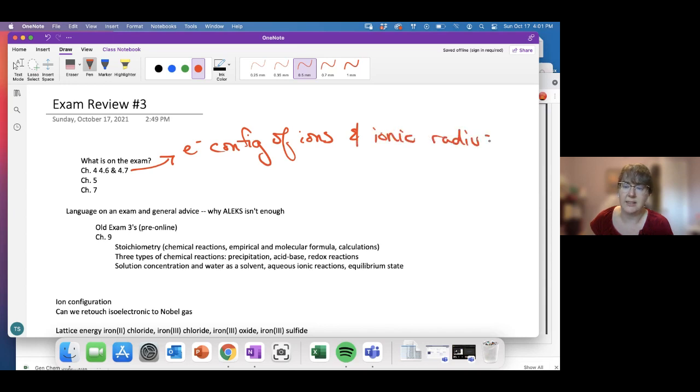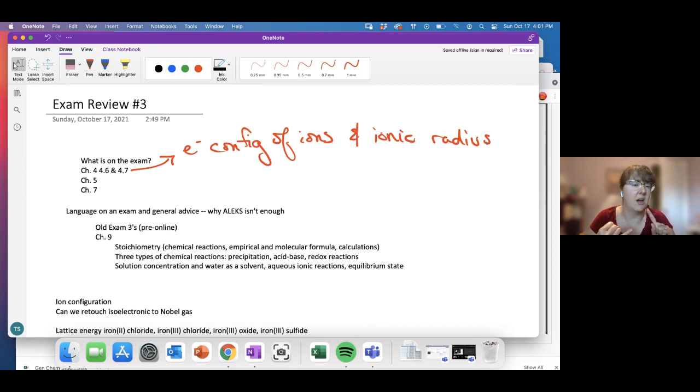So that's what's in that last little bit of Chapter 4. Essentially, y'all may or may not have noticed it, but on Exam 2, everything was neutral, and now no longer the case. So now we will be adding electrons, taking away electrons, and figuring out what's going on when those things happen.